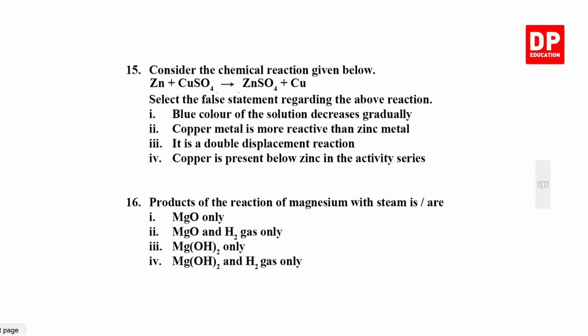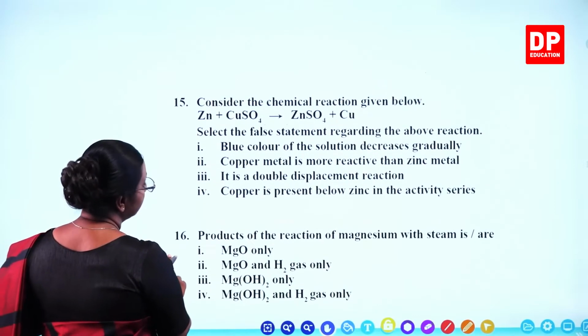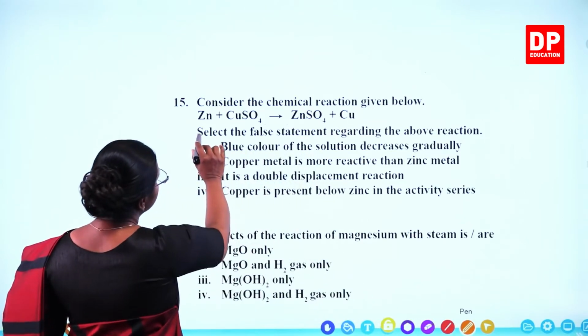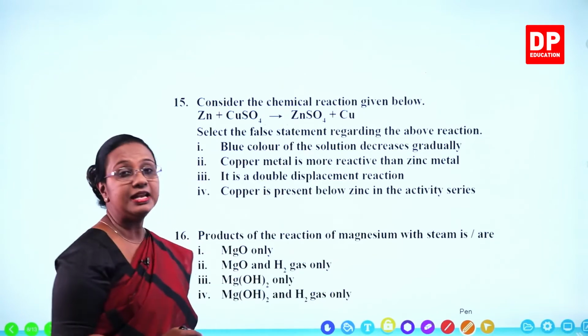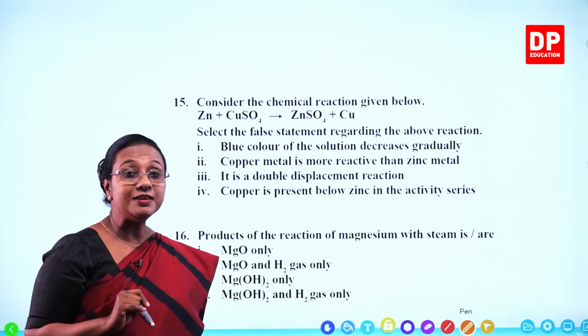The next slide. We have question number 15 here. Consider the chemical reaction given below. So look at the chemical reaction. What is it? Zinc plus copper sulphate giving rise to zinc sulphate and copper. You all are familiar with this reaction.